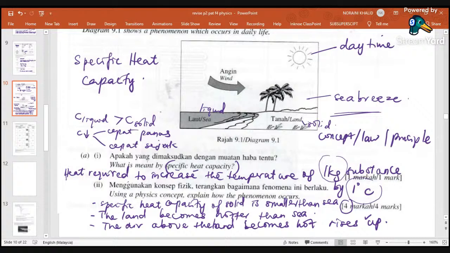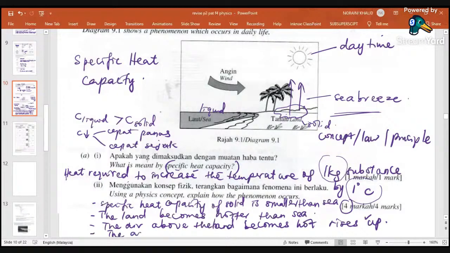When it becomes hot, it becomes less dense, so the air above will rise up. So what happens, this region will create a low pressure region. The low pressure region here will cause the air above the sea, which is cooler at high pressure, to blow towards the land.